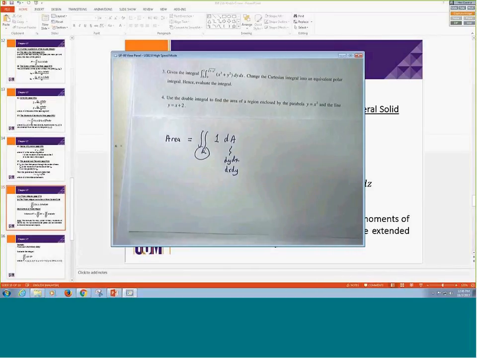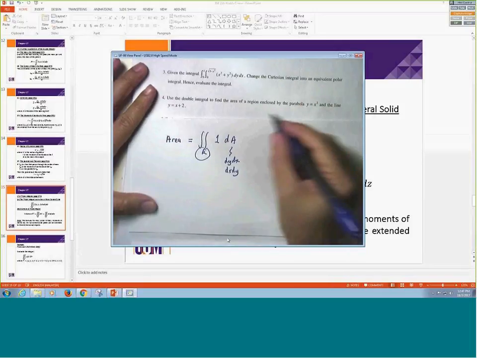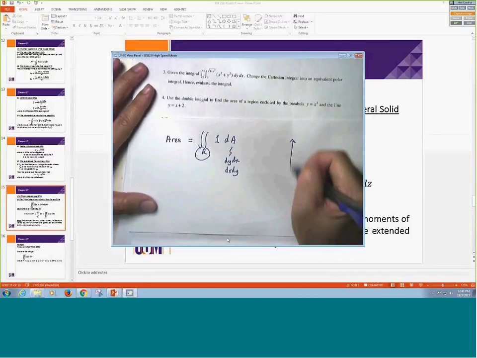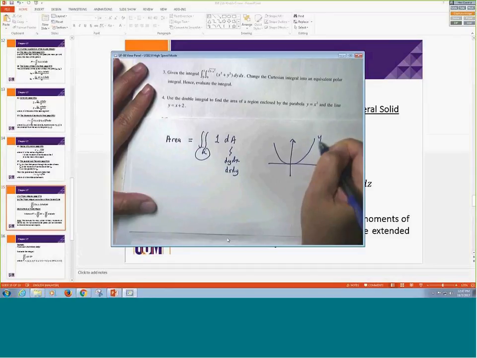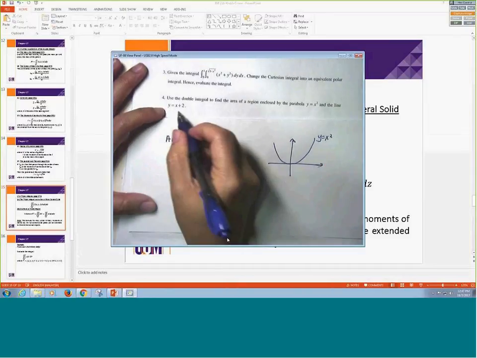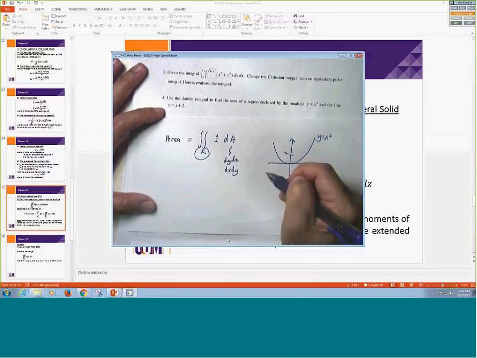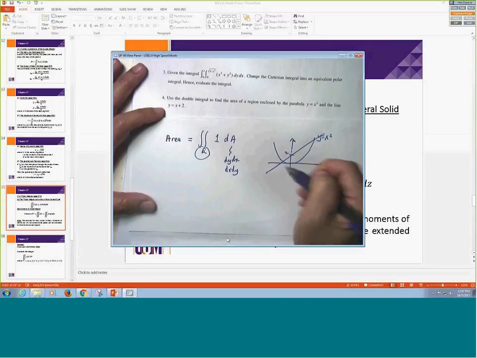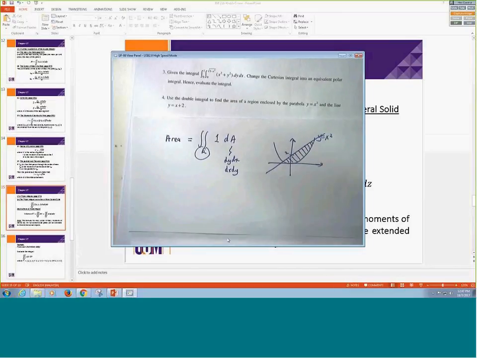Your region is enclosed by the parabola y equals x squared and the line y equals x plus 2. You must know how to sketch the line. So it is enclosed by this region. Okay, so you need to find the intersection points.